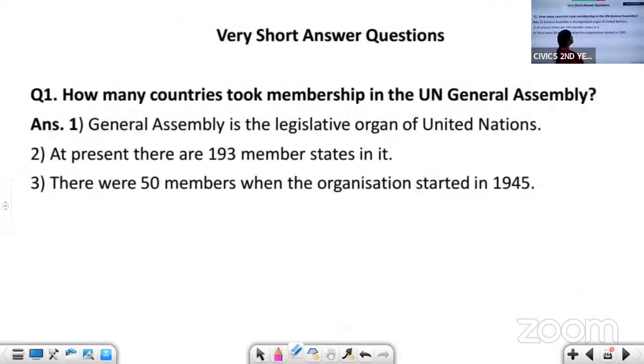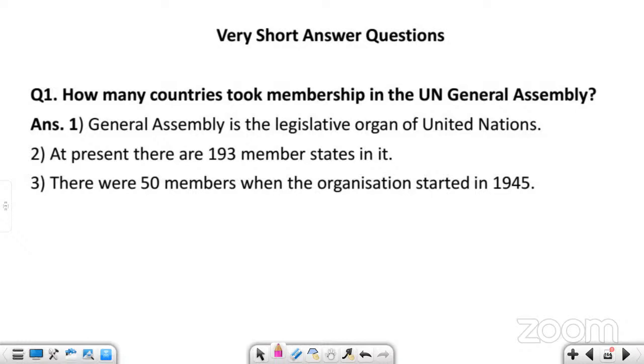So we have discussed four SAQs in this chapter: functions of General Assembly, functions of Security Council, and features of India's foreign policy.